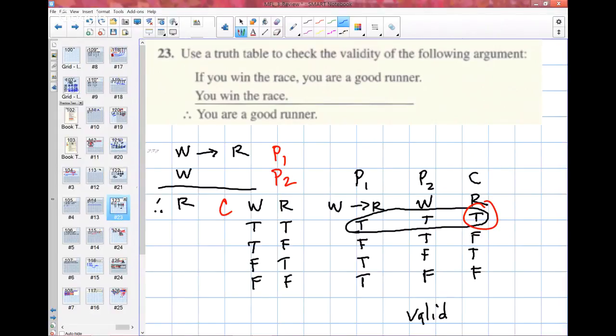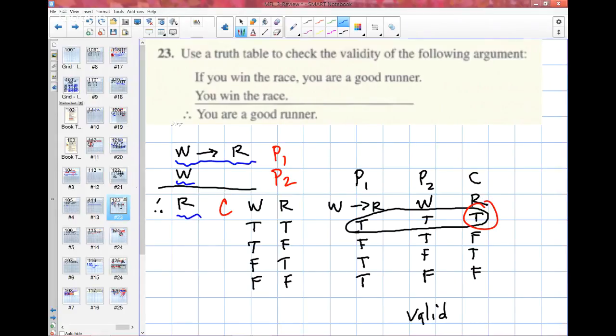So here's my coding over here on the left. If you win the race, then you are a good runner. So I coded that as if W, then R. You did win the race, W, same letter we just used. Conclusion, you're a good runner, so therefore, R. Premise 1, premise 2, conclusion.